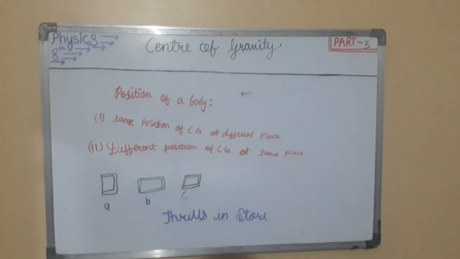The stability of body depends on the base area and the height of the center of gravity. The lower the center of gravity and the broader the base of a body, the line of action falls within the base of the body and hence the greater its stability.